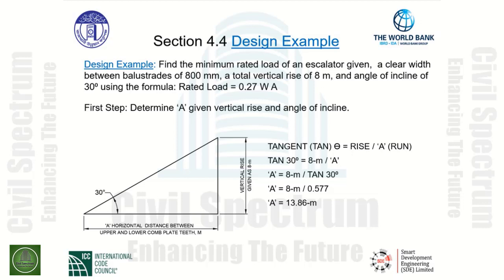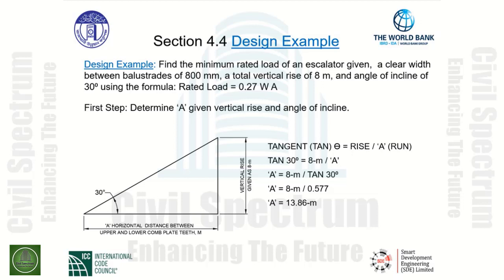Our first step is to determine A, given vertical rise and angle of inclination. As seen in the diagram below, we have an angle of incline of 30 degrees and a vertical rise of 8 meters. We need to solve for the horizontal distance.